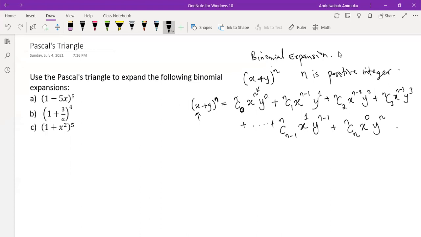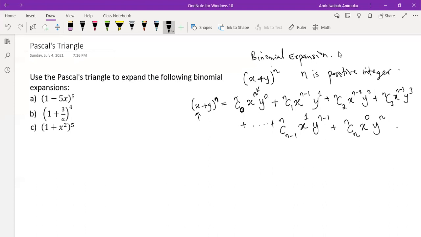Then we can apply this to sample problems. Now, this is the classical binomial expansion. You can also reverse the powers, meaning we can reverse whether x takes the maximum power and y takes the minimum power.